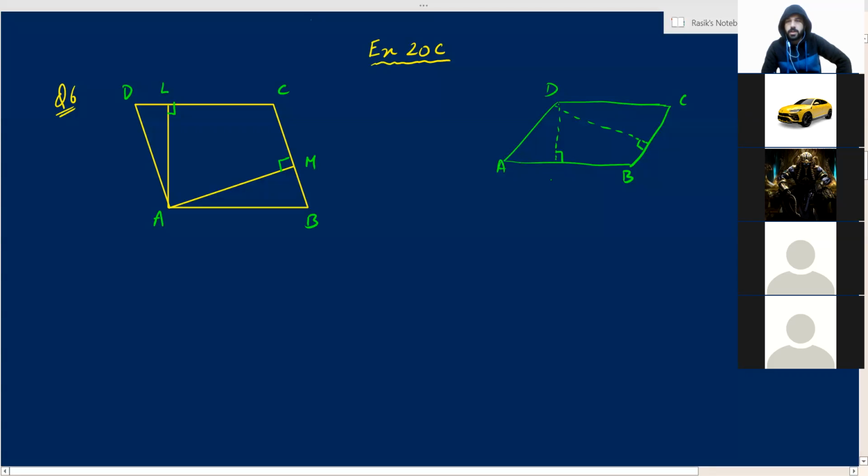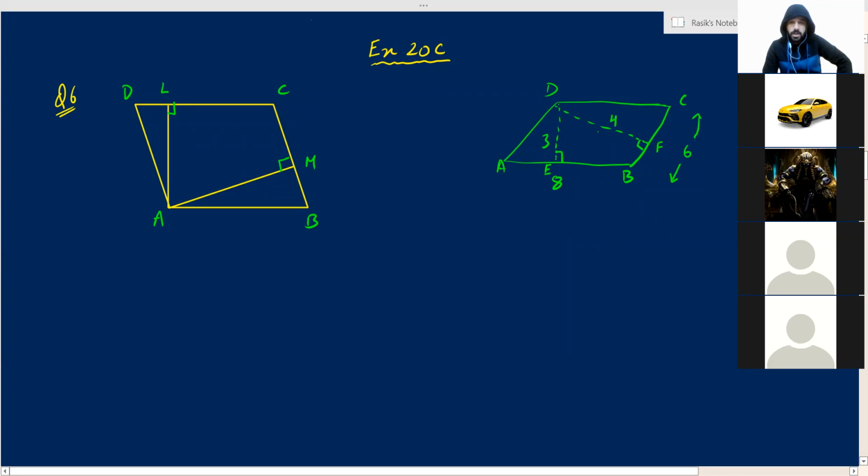I'm telling you that the length of AB is 8 centimeters and the height DE is 3. And the length of BC is suppose 6. This is 6. And DF is suppose 4.